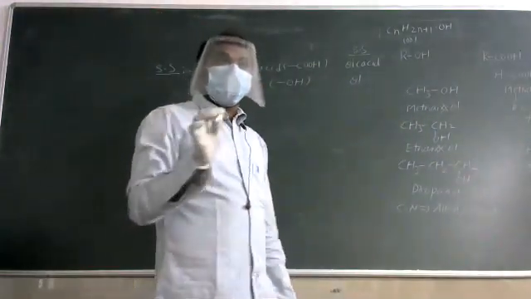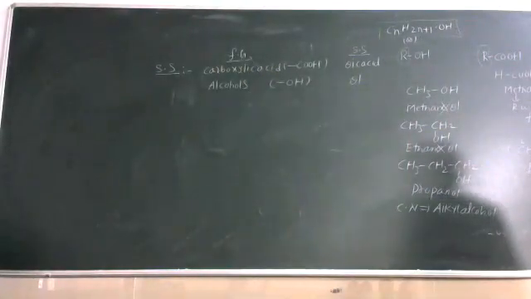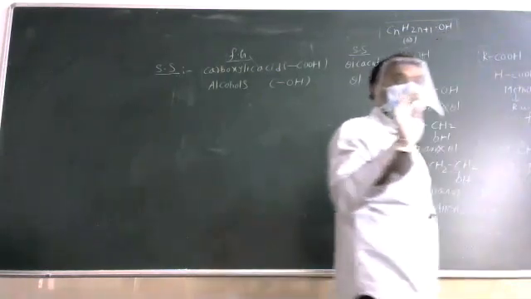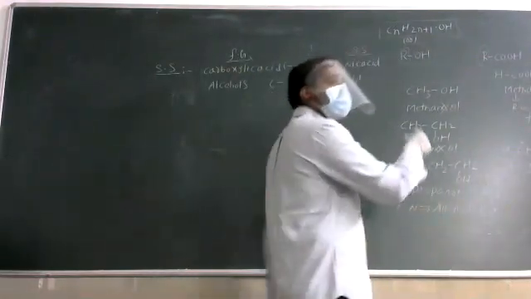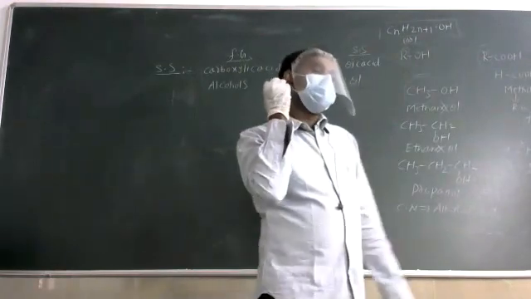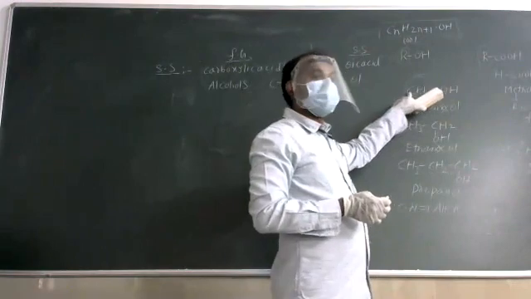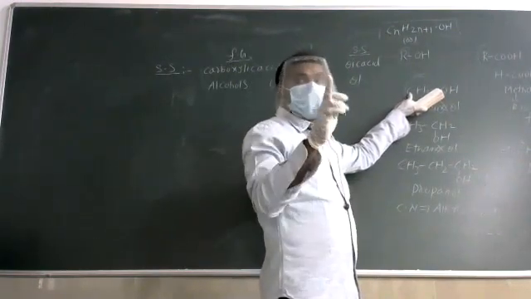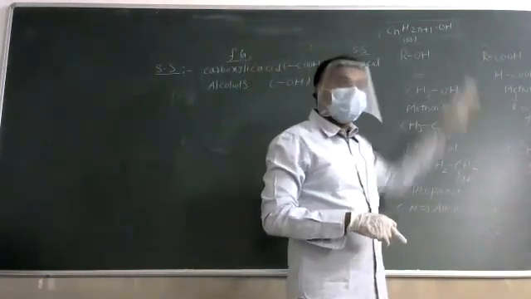Here, no confusion: 'ol' means IUPAC name, 'alcohol' means common name. Common name is similar to alkyl alcohol, which means which alkyl group? What is the name of the alkyl? Methyl. CH3 is methyl. Methyl alcohol.